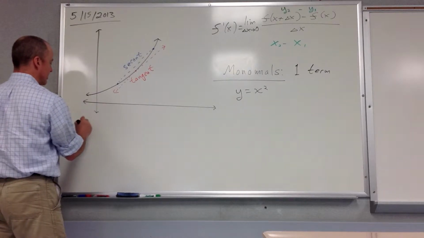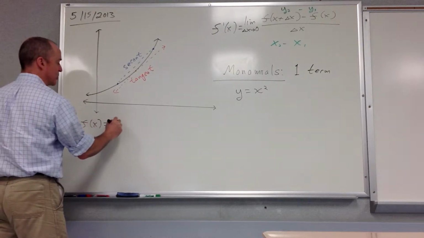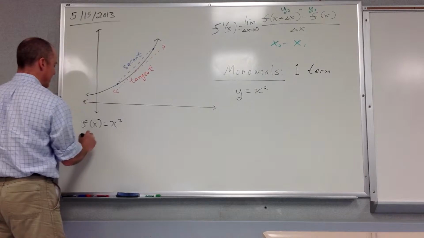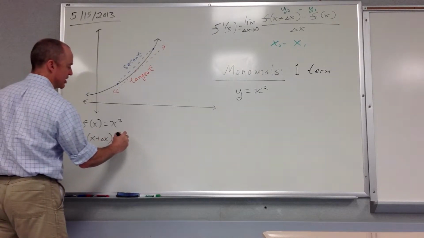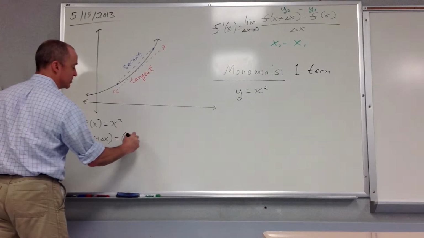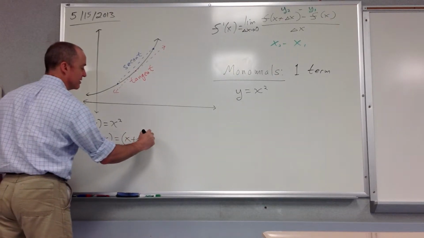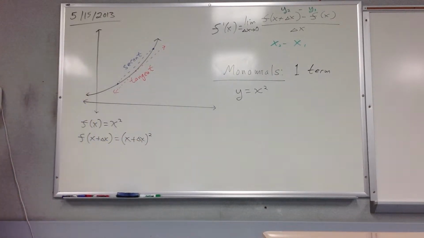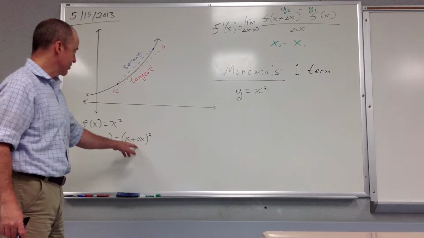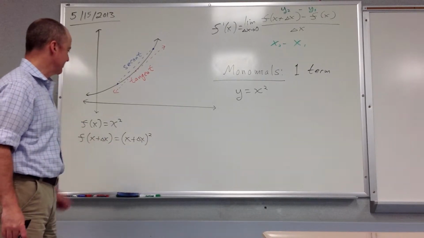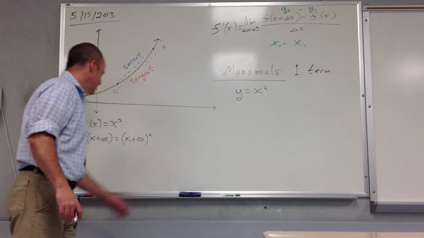So f of x is x squared, so f of x plus delta x is just x plus delta x squared. Anytime you have f of anything, you just plug it in. Replace the x with whatever is new to the function.